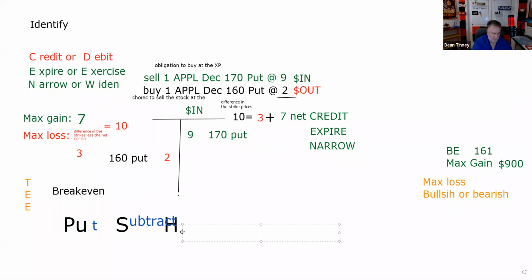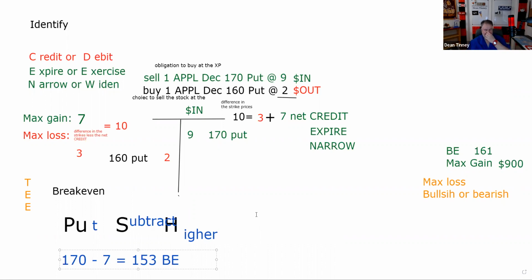So we're going to take our higher strike. In this case, our higher strike is 170. We're going to subtract our net premium, which in this case is 7. And we get our break even of 153.